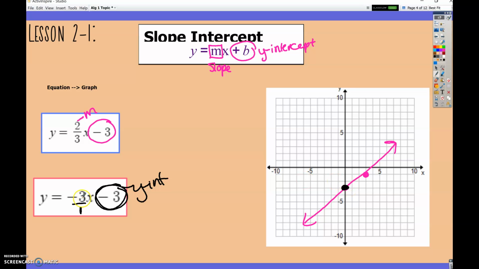But now I'm going to rise a negative 3, which is like falling, and run a positive 1. Now, you might be saying, you fell down 3 and went over 1. Another thing I could have done was go up 3 and go left 1. So if I go up 2, 3, and go left 1, notice how it lines up in the same formation.